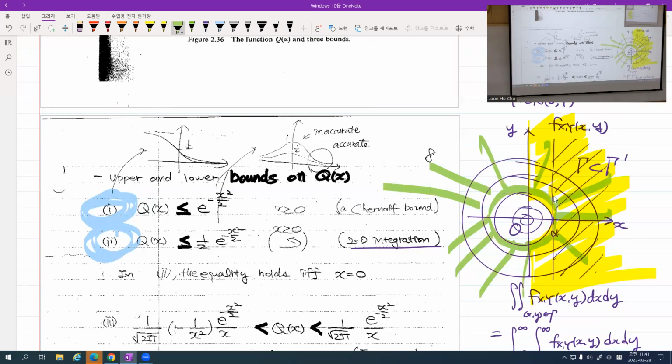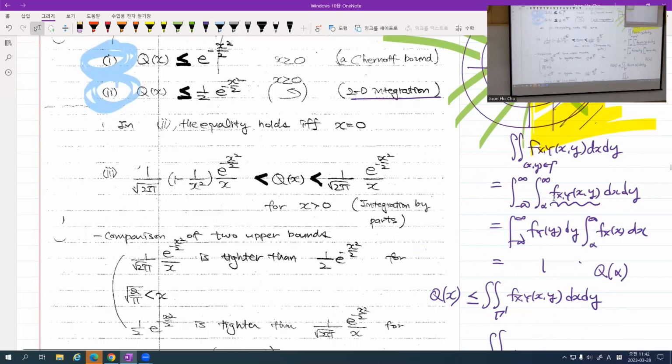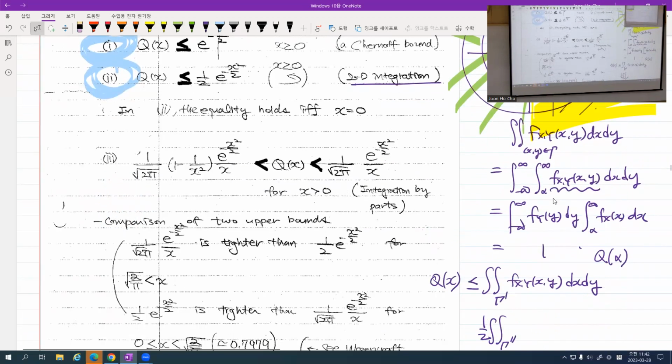Okay? So as you see, due to the circular symmetry, this area, gamma prime, and the area outside the circle with radius alpha: when you integrate over gamma double prime, you get twice the integral on gamma prime. Okay? So if you integrate over gamma double prime and divide by 2, you have what?